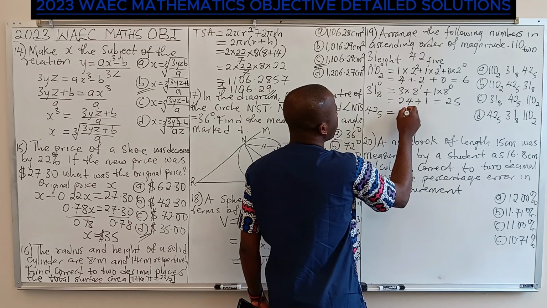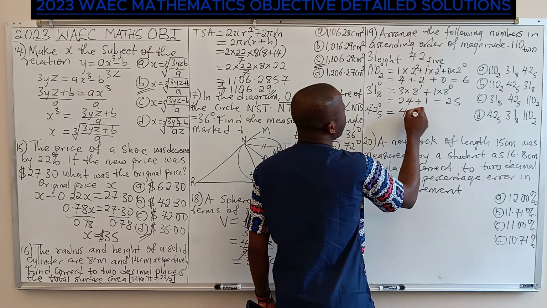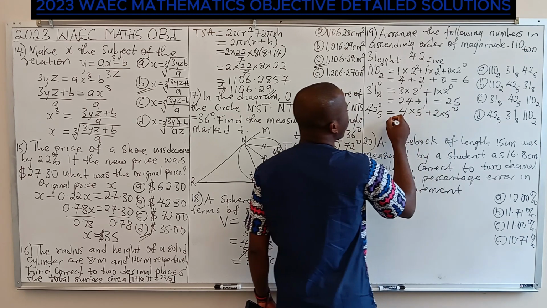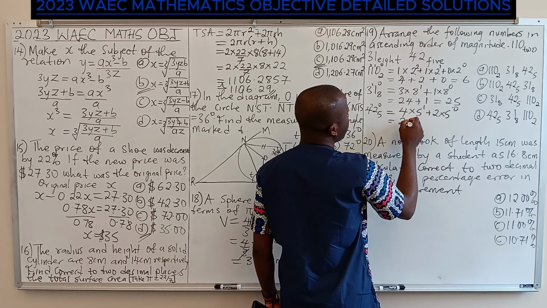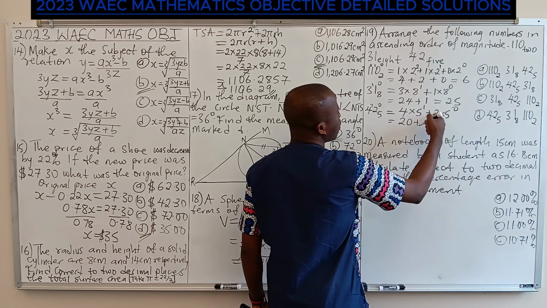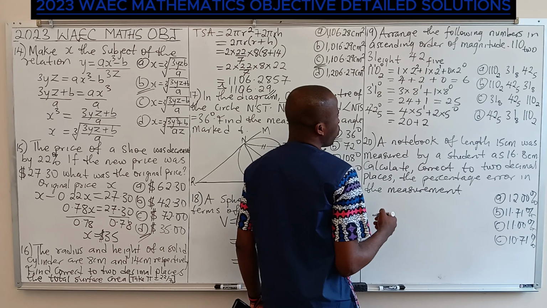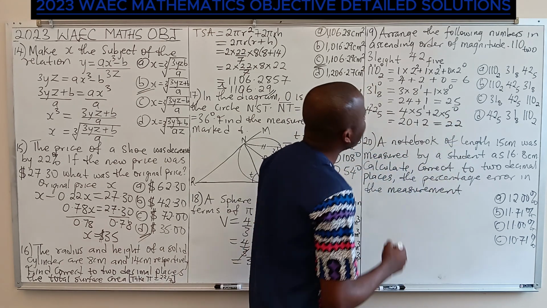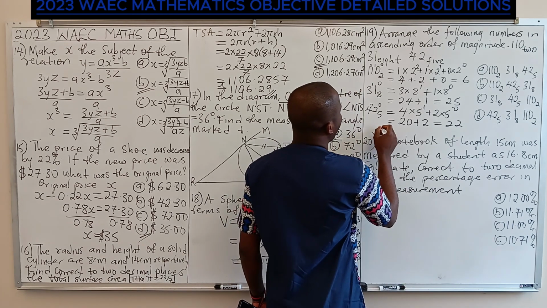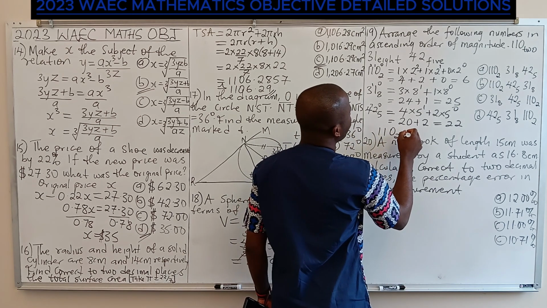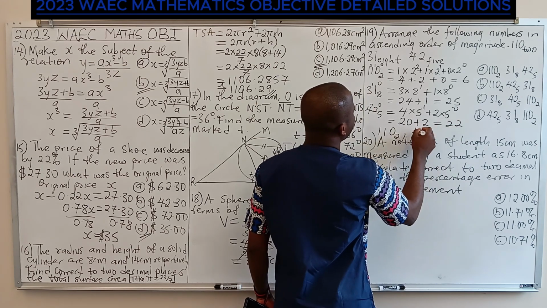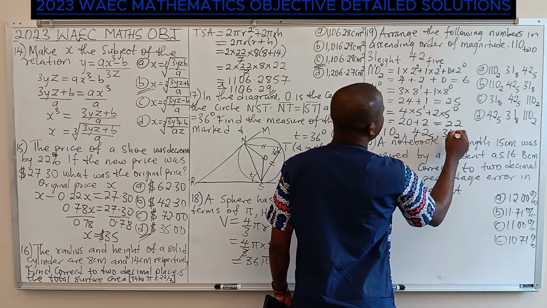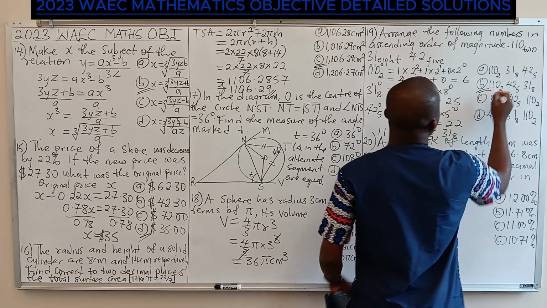As usual, this is 0, 1. 4 times 5 to the power 1 plus 2 times 5 to the power 0. 4 times 5 is 20. 5 to the power 0 is 1. Times 2 is 2. And so this is 22. So in ascending order it will now be 110 base 2. The next is 42 base 5. And the next is 31 base 8, which is B.